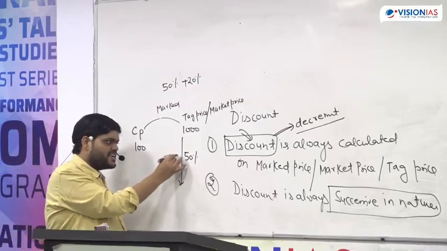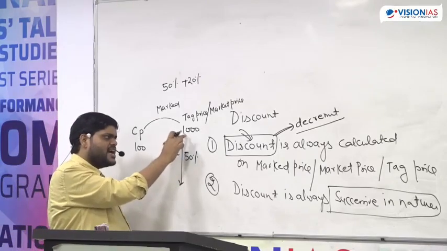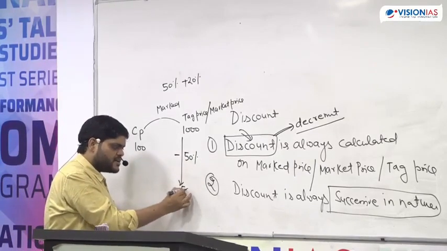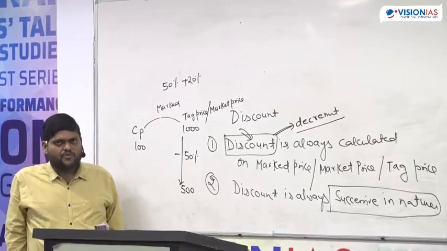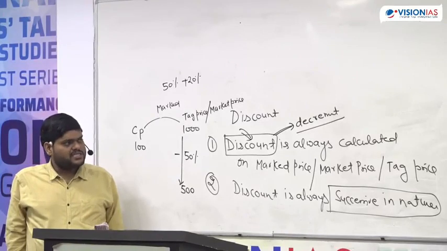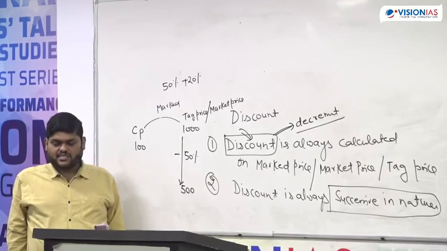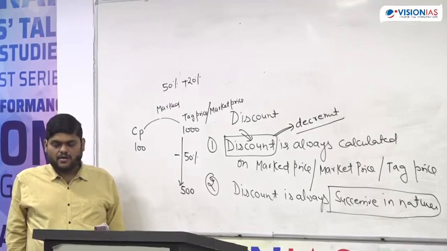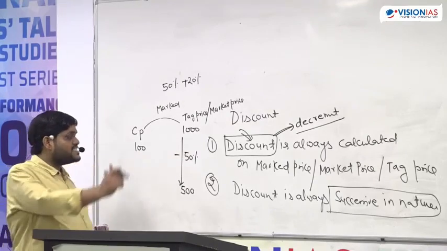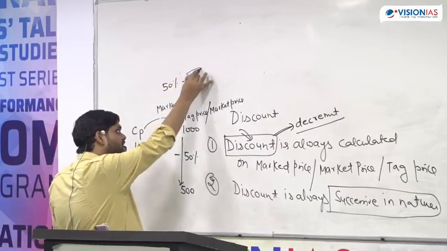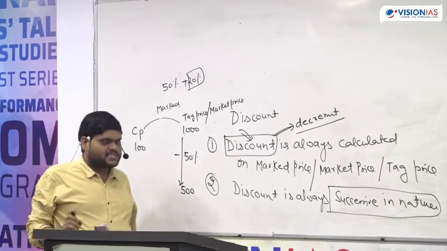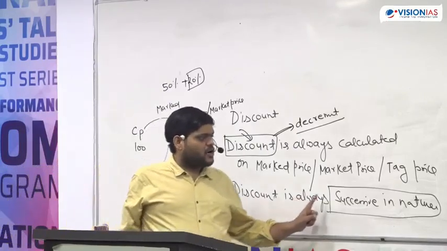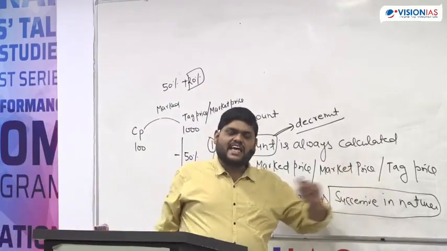So first we will decrease by 50%. If I decrease by 50%, this becomes 500. This is after the first discount. Now, the second is a 20% discount. And it is given that discount is always successive in nature.